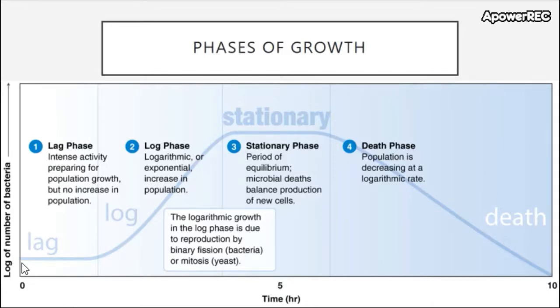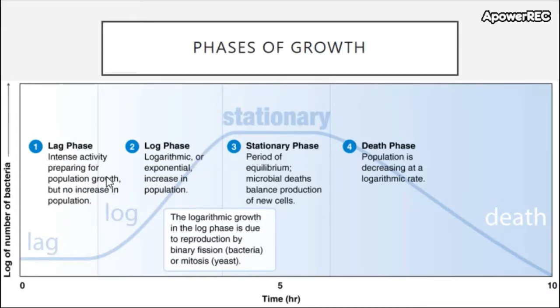And the culture is initially inoculated with a small amount of E. coli. And this is the log of number of bacteria. So log is just a way that scientists often record the number of cells of bacteria because they get rather large eventually. So it's a way to kind of see the curve of the bacteria.